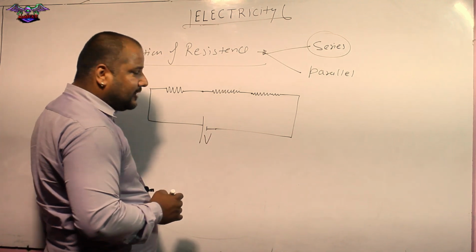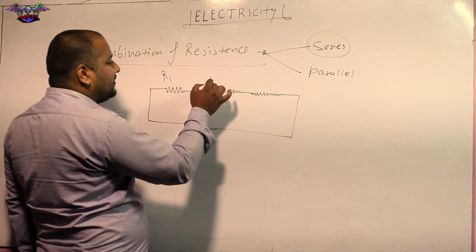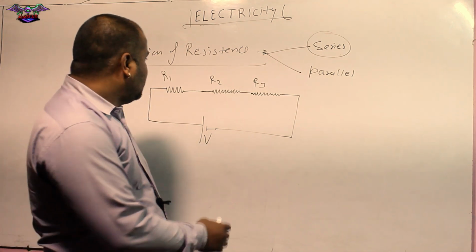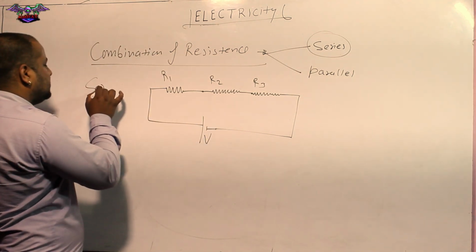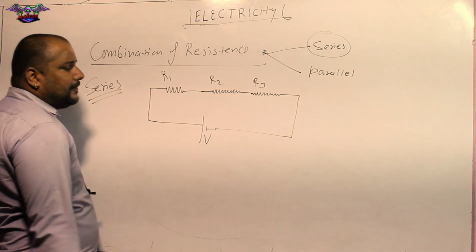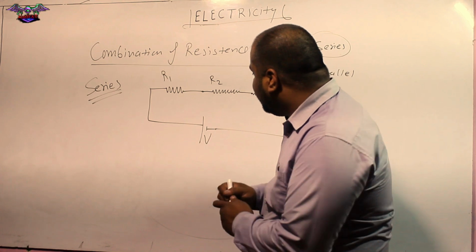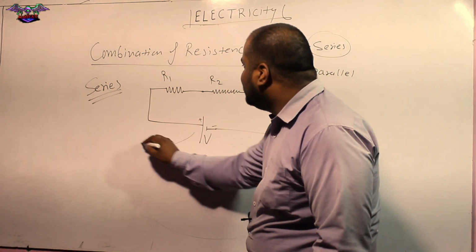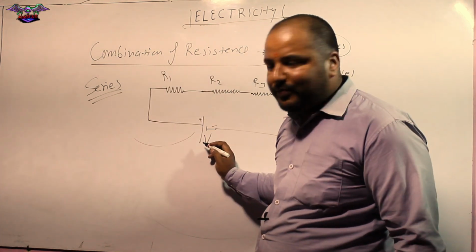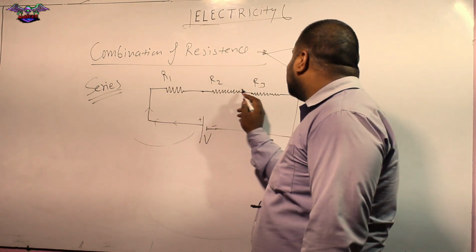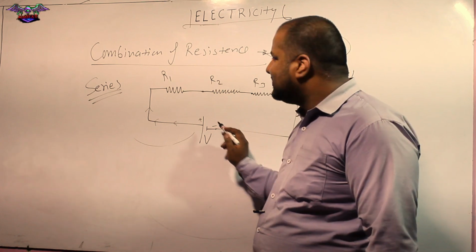Let this have the voltage V. This is resistance R1, this is resistance R2, this is resistance R3. This is what combination? Series. Now in series, if current is going from the positive terminal to the negative terminal, there is no path other than this single path for the resistance.